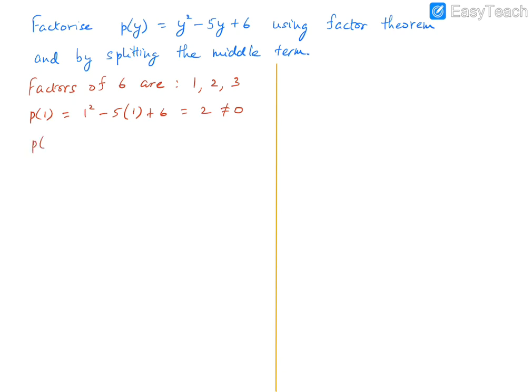Similarly, we can check p of 2. For 2, it will be 2 square minus 5 into 2 plus 6. So 2 square is 4, 5 into 2 is 10, so minus 5 into 2 is minus 10, plus 6. 4 plus 6 is 10, minus 10 is 0.